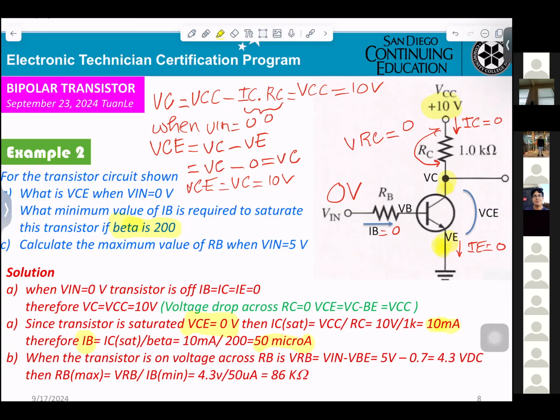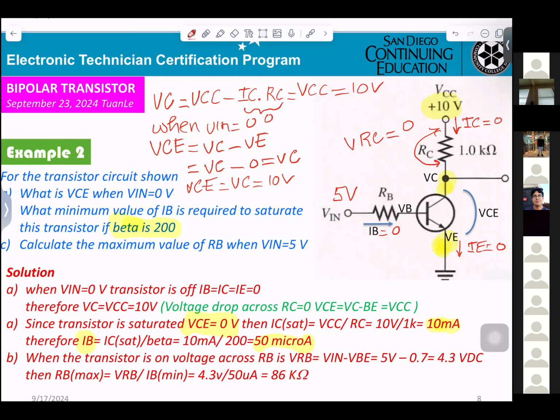Calculate the maximum value of RB when V in equals 5. That means the last one they gave you, 5 volt.